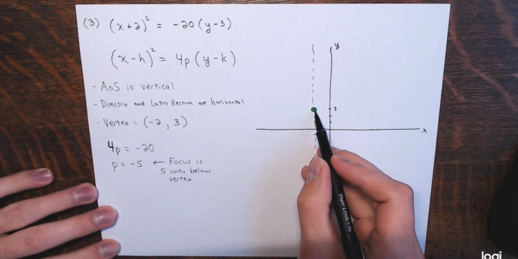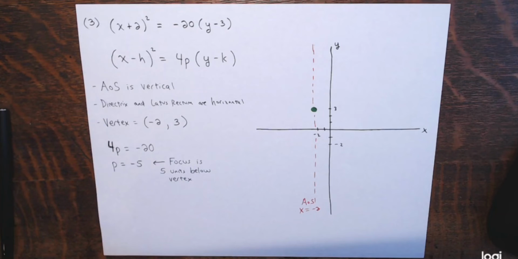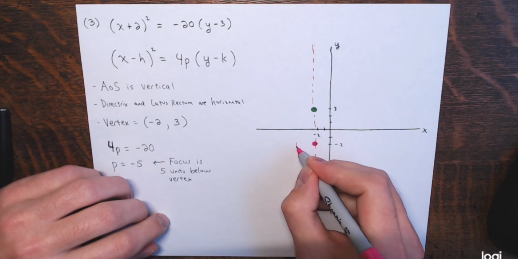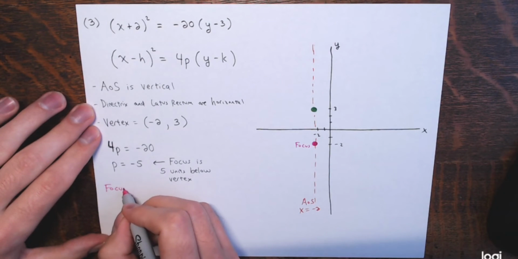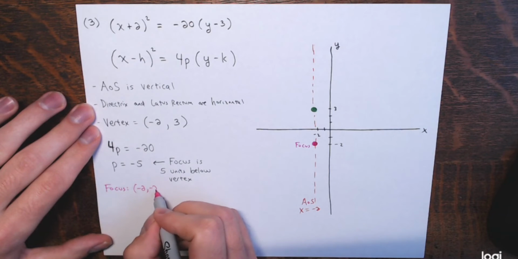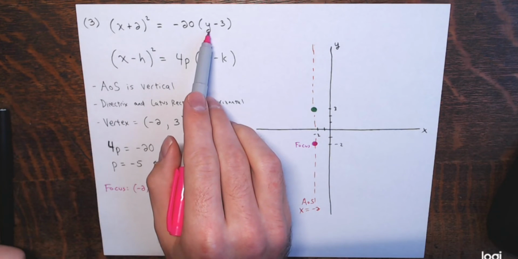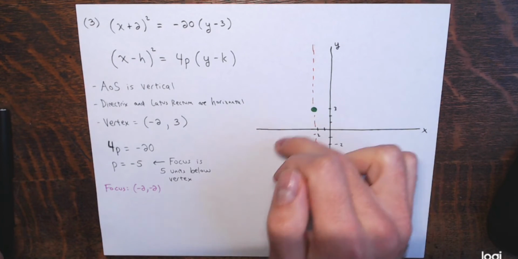So from the vertex, I go down 5 units, and here's the focus at -2, -2. I'll write the coordinates over here, -2, -2. Now, as I've been saying, this is not a solution. If you plug -2 in for x and -2 in for y, you'd get 0 equals 100. That's false. But it just indicates to us which way the parabola will be opening. It's going to open down around the focus.